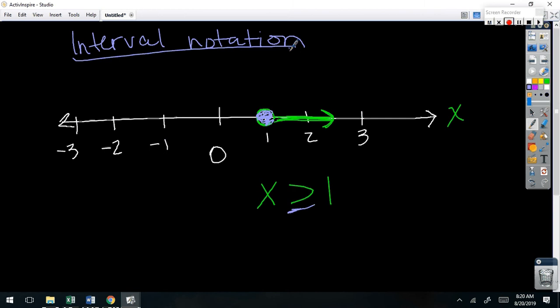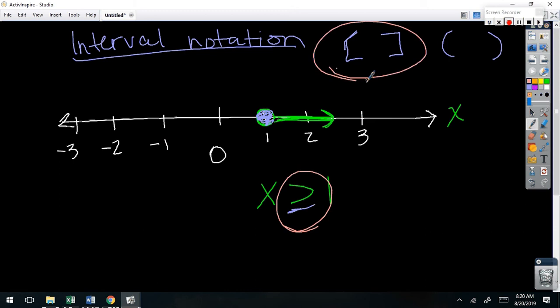So it uses, this is a bracket or a parenthesis. And what we do is, when we have a line under, meaning included, that's when we use a bracket. Okay, so less than or equal to or greater than or equal to, we're going to use brackets.